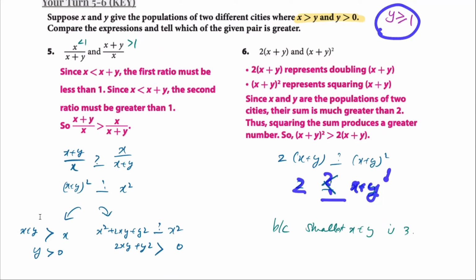Okay. X is supposed to be bigger than that. What's the smallest number of x? It's 2. Smallest possible number of x plus y is 3. It could be bigger, but 3 is bigger than 2. Therefore, x plus y must be bigger than 2 because its smallest number is 3.